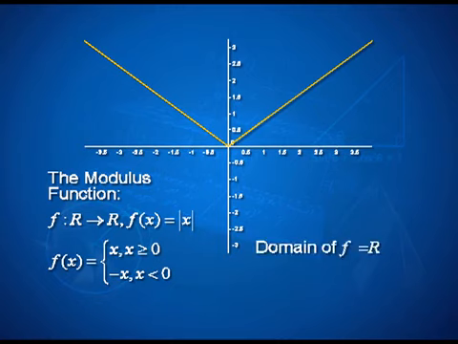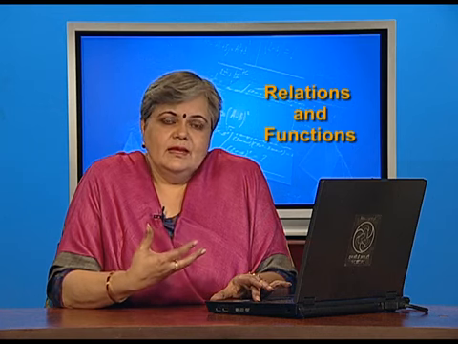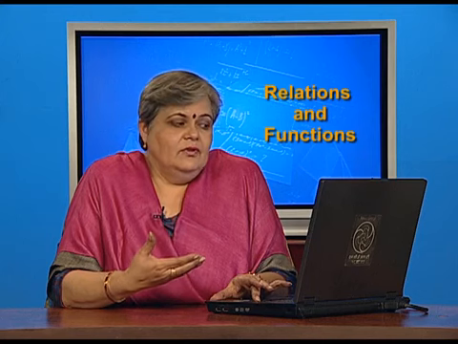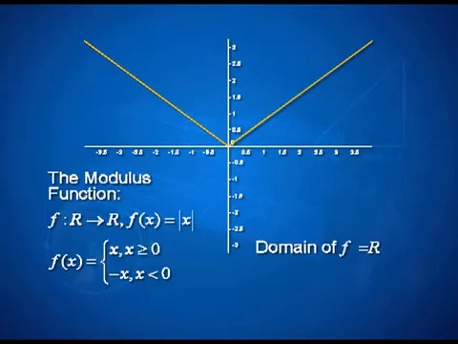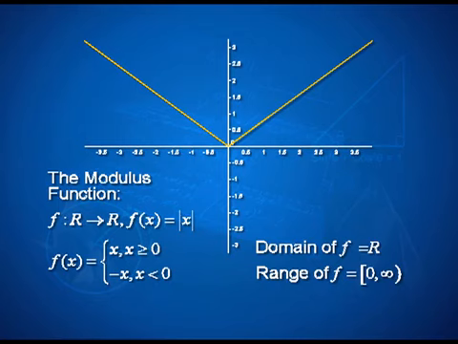Yes, all real numbers, but what about the range? What are the values of the output? Y in this case remains along the positive y axis, and therefore, the domain of f is all real numbers, whereas the range is the set starting from 0 including 0 to infinity, all positive real numbers including 0.